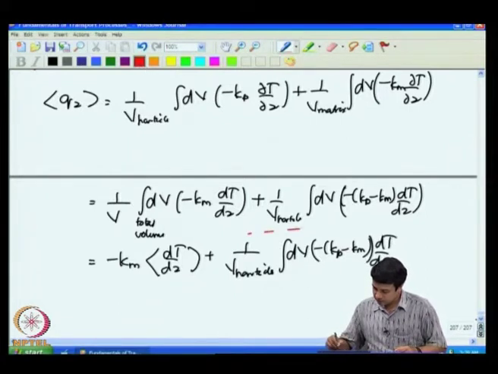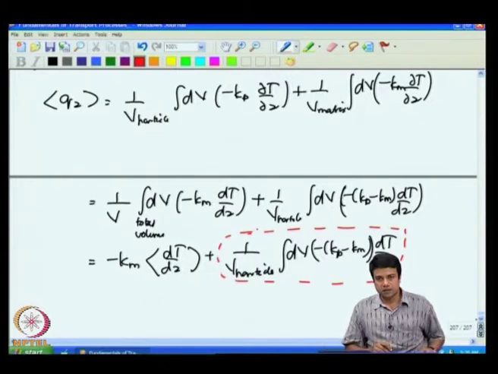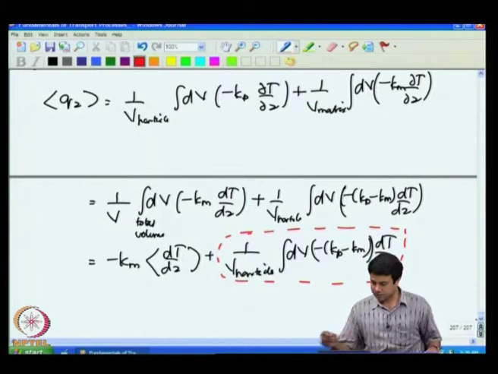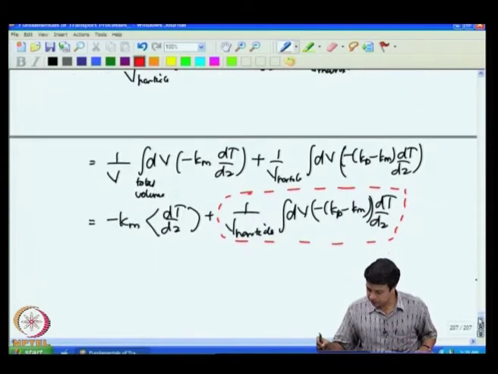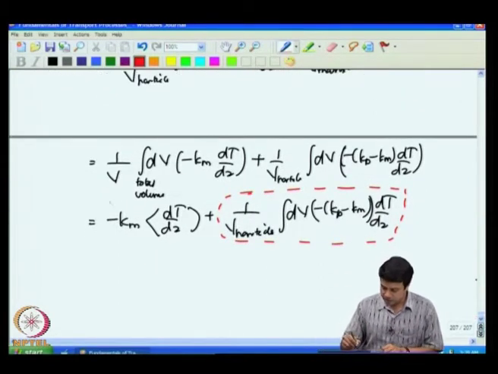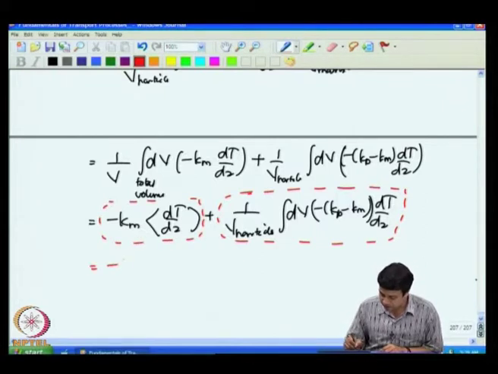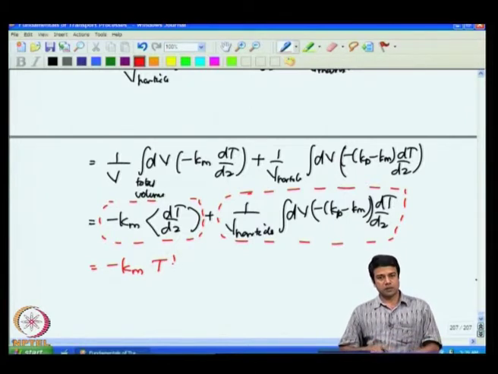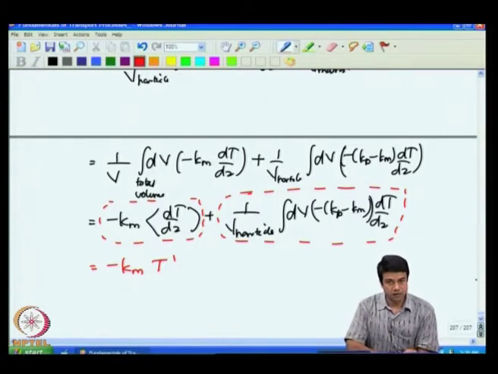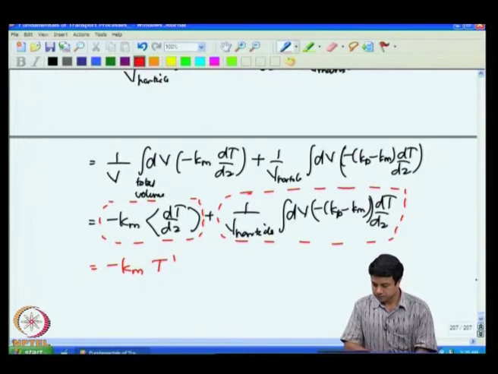So, this second term gives me the correction to the heat flux due to the presence of the particles. This first term is just the average contribution of the matrix. This is just equal to minus Km times T prime, the heat flux due to the imposed temperature gradient, and the second term gives me the additional contribution due to the presence of the particles. This is an integral over all the particles.